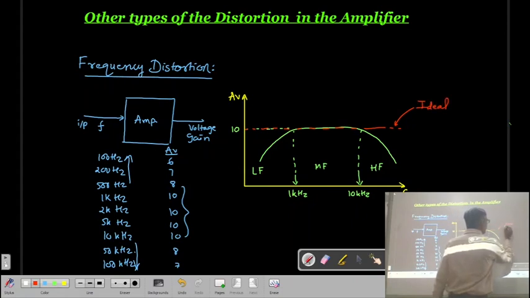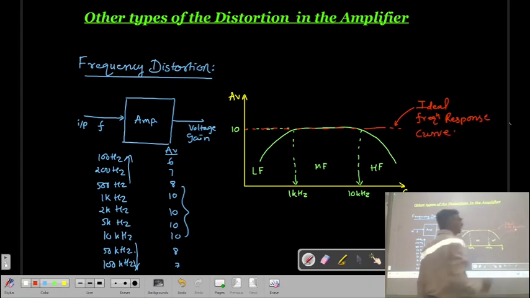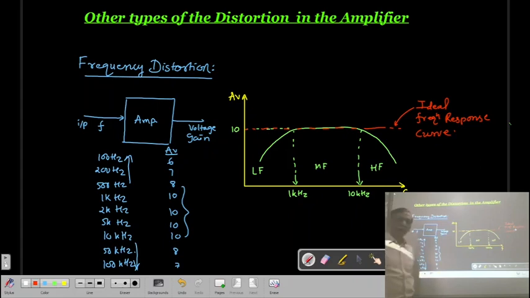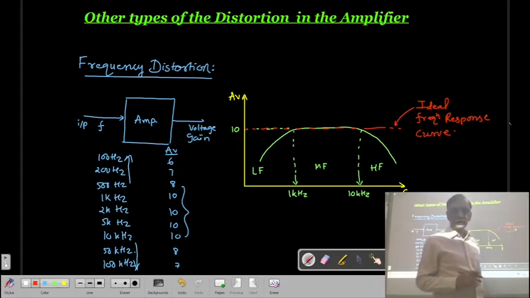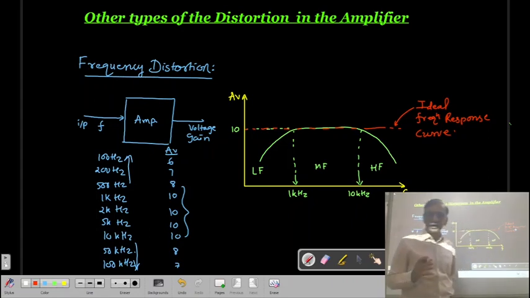This is the ideal frequency response curve. Okay? Now, what is the reason? Why is the gain of the amplifier decreasing for the low frequency, and for the high frequency also?